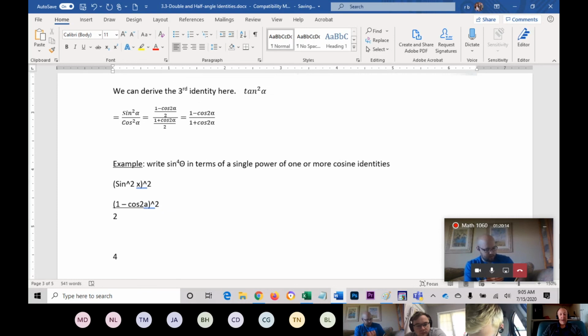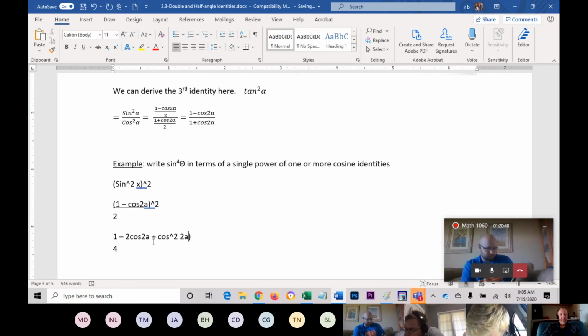And then can you FOIL out the top? Let's see, so that'd be 1 times 1 is 1, and then 1 times negative cosine 2x is negative cosine 2x, so then that would be the 2 of those, and then cosine squared 2x.